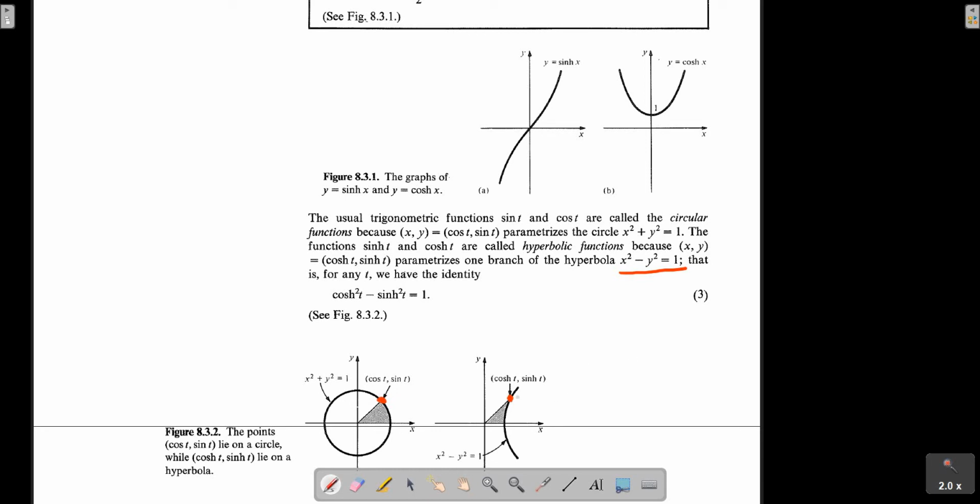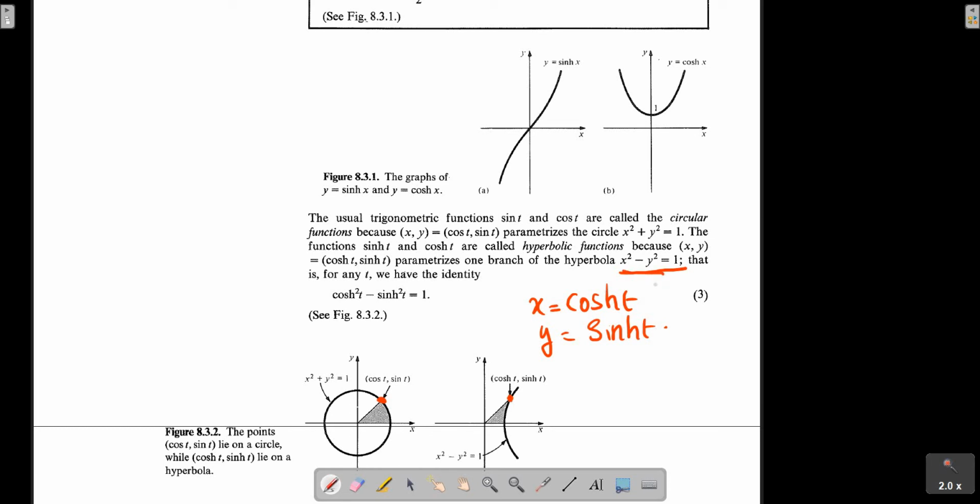And the parameterization of a point on the hyperbola is denoted by cosh t and sinh t. So when you substitute these in x square minus y square is equal to 1, you will get x is equal to cosh t and y is equal to sinh t.